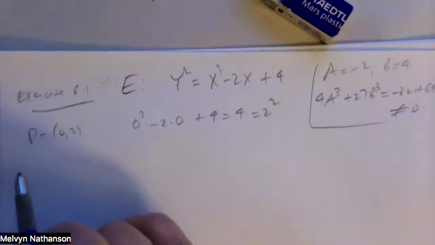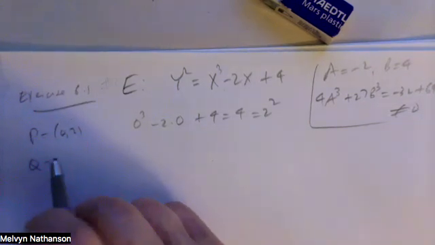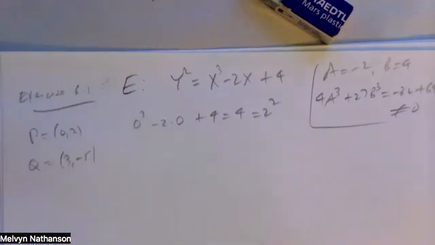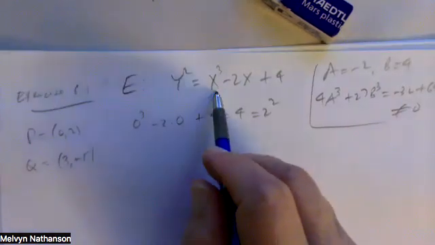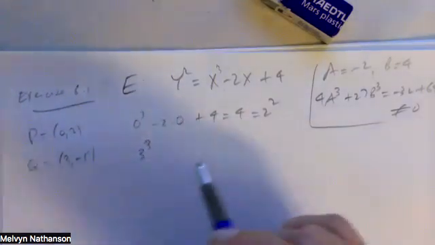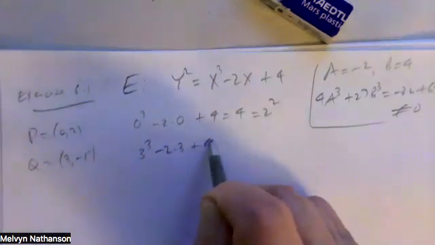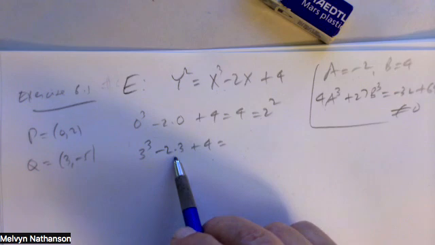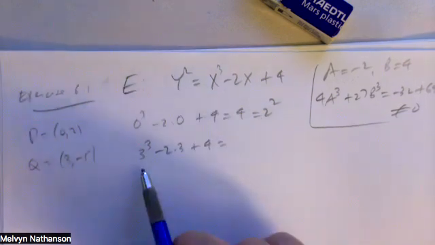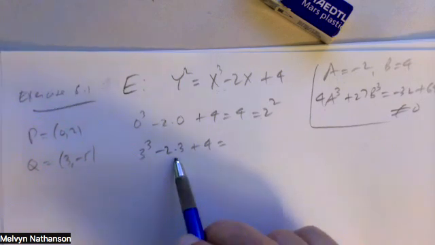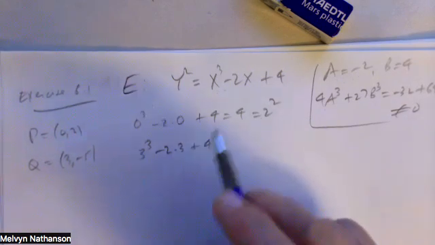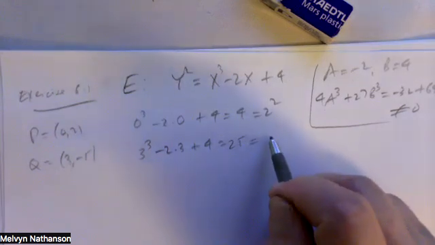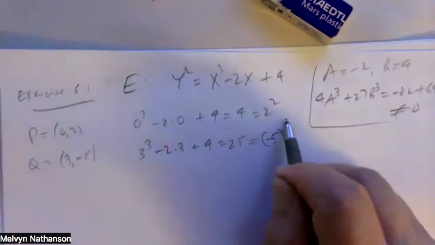Another point on the curve is (3, minus 5). Let's just check that. We let x equal 3. 3 cubed is 27, sorry, 27 minus 6 is 21, plus 4 is 25, which is 5 squared, but it's also minus 5 squared.